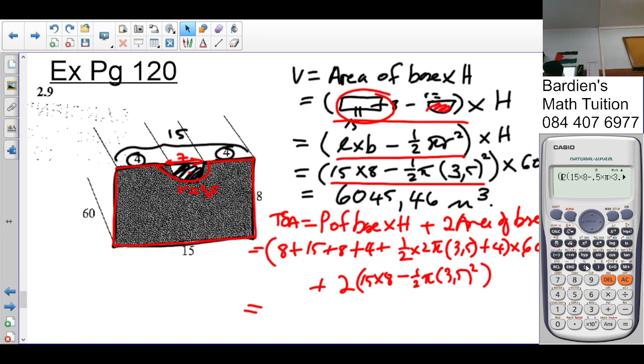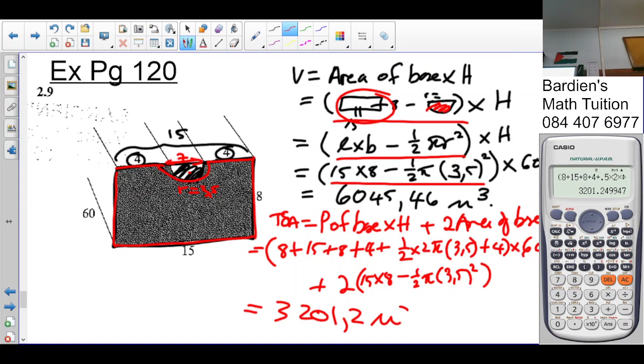Right, so we have open brackets, 8 plus 15 plus 8 plus 4 plus a half times 2 times pi times 3.5, close brackets, plus 4, close brackets times 60, plus. I get 3,201.2 units.